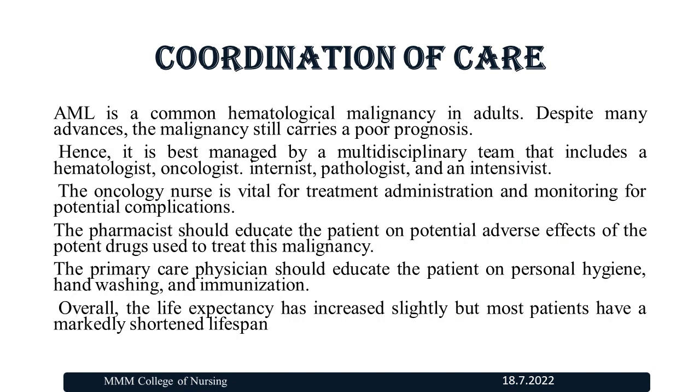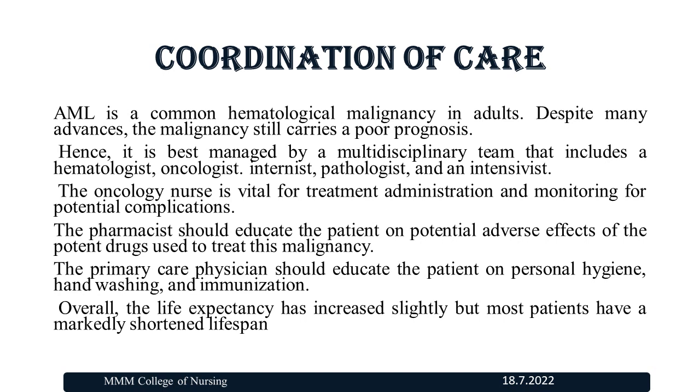Coordination of care: acute AML is a common hematological malignancy in adults. Despite many advances, the malignancy still carries a poor prognosis. Hence, it is best managed by a multidisciplinary team that includes the hematologist, oncologist, internist, pathologist, and intensivist.